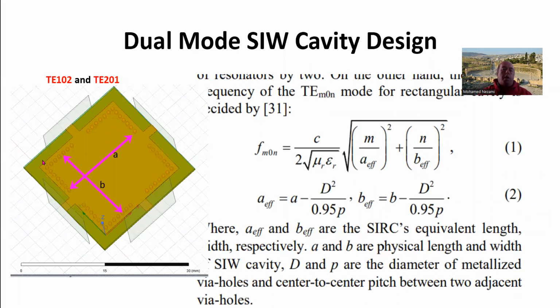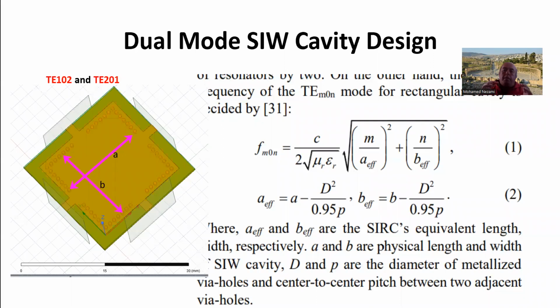We start out with a substrate integrated waveguide cavity with dimensions A and B. And then we come up with the resonance frequency as a function of these dimensions, not these dimensions, but the dimensions that correspond to what we call effective A and B. Remember back from the SIW filter presentation, the way we design these SIW resonators is that we make them similar in concept to a dielectric filled waveguide with A to B dimensions.